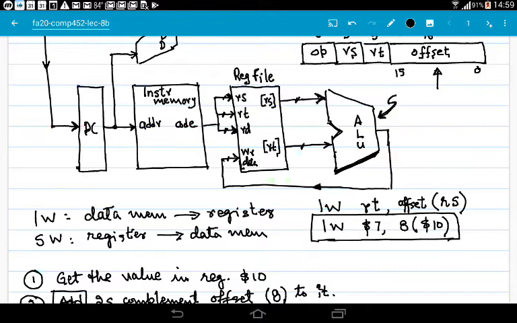We know that in 2's complement format, if the most significant bit is 1, then it's a negative number. If it's 0, then it's a positive number. So we need to look at the most significant bit of the offset, which is bit 15 of the instruction code, and simply replicate it. This hardware is called a sign extender.